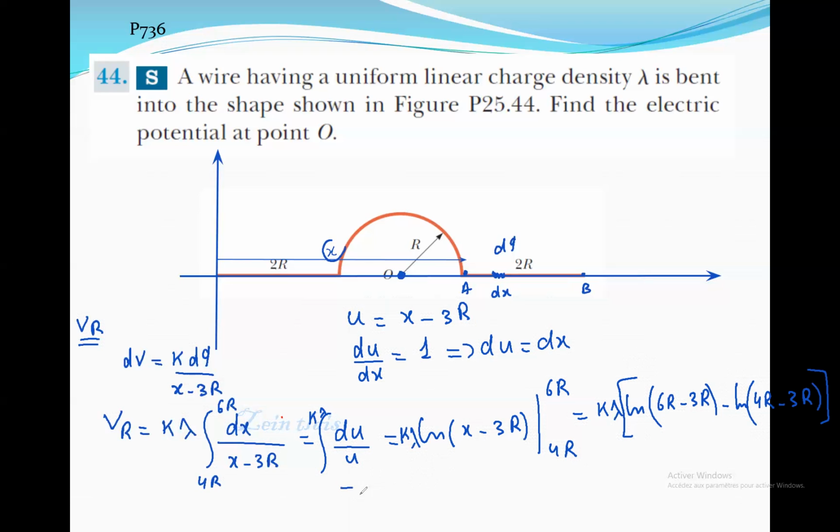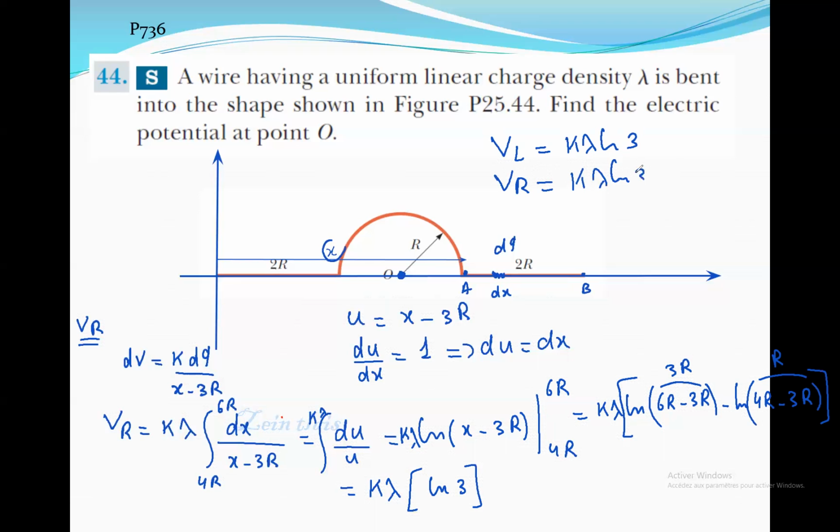Okay, we get k lambda, 6r minus 3r equals 3r, 4r minus 3r equals r. So we get finally ln 3. So we have V left equals k lambda ln 3 and V of the right side equals the same value.